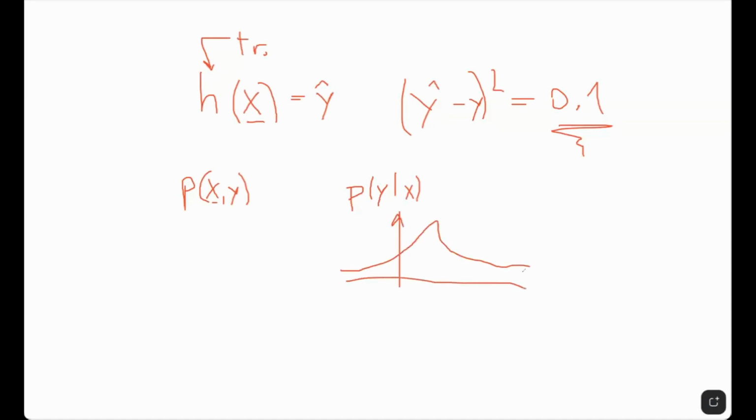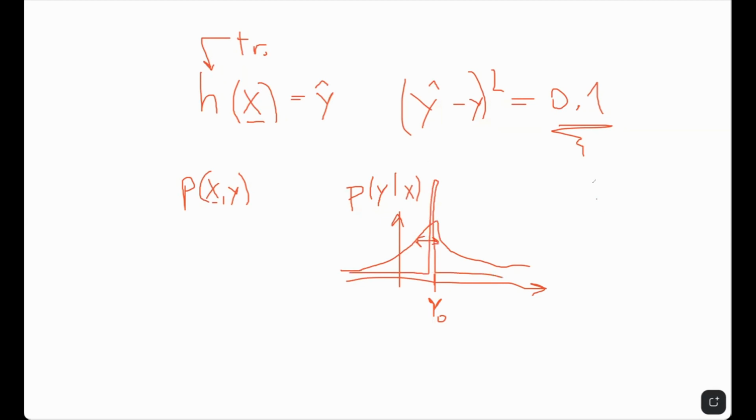It concentrates around some value, let's call it y0, and it has a variation. Typically, in general, this distribution will not be perfectly localized. So for the same feature values, we have different possible labels.